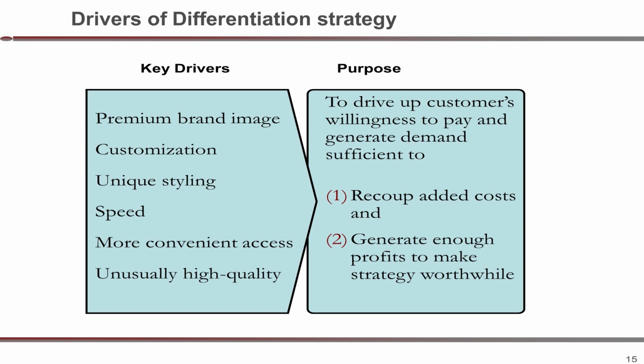The purpose of these is to drive up the customer's willingness to pay for your product so that you can, A, recoup the costs that were incurred creating this difference, even if it's just a perceived difference through marketing, and B, generate enough extra money that all that work was worth it.